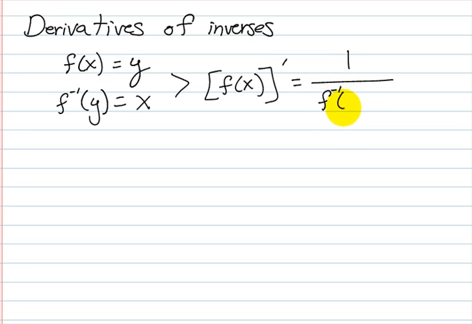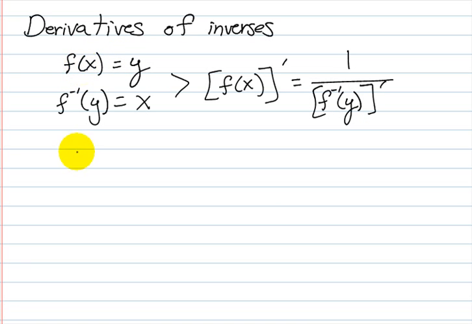In other words, the derivative of f is the reciprocal of the derivative of f inverse. But if I'm talking about f at the location x, then I have to talk about f inverse at the location y, which was the corresponding y value for f of x.